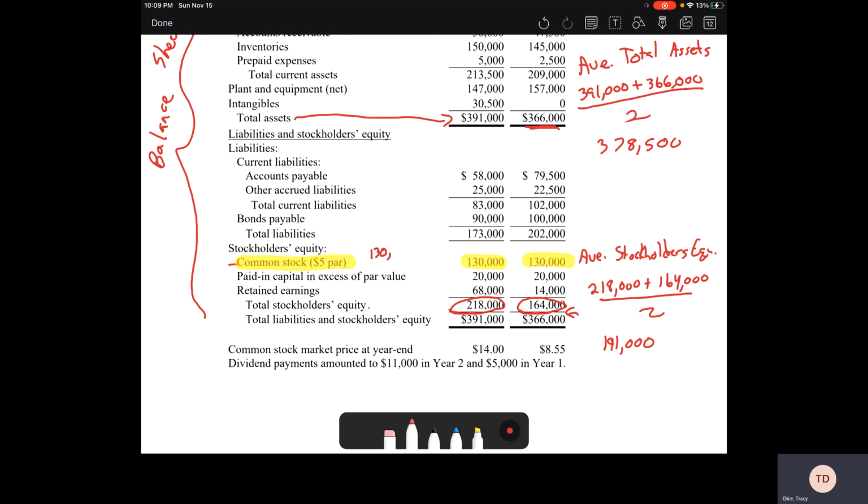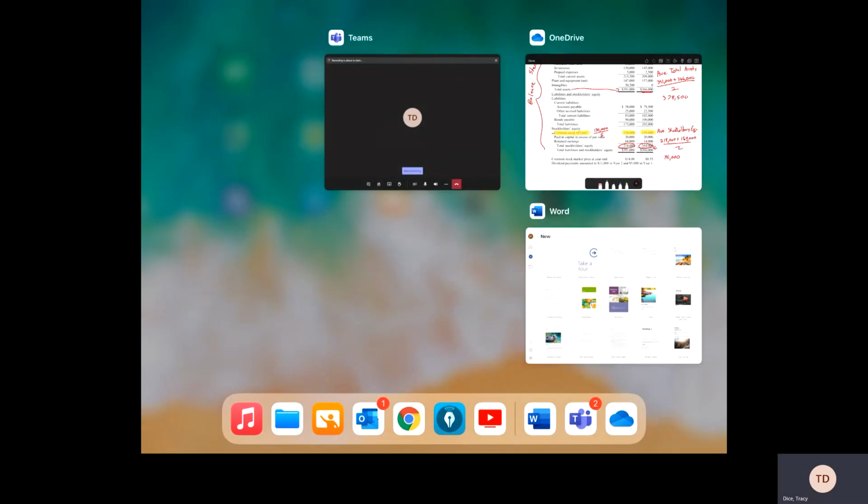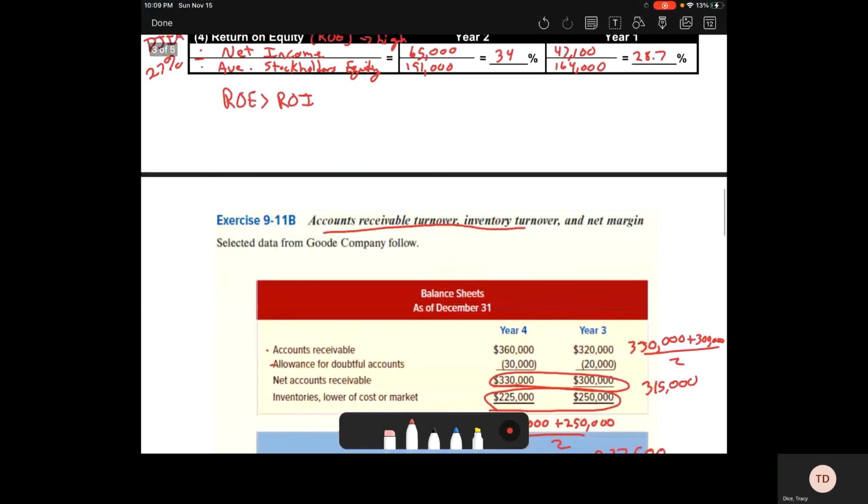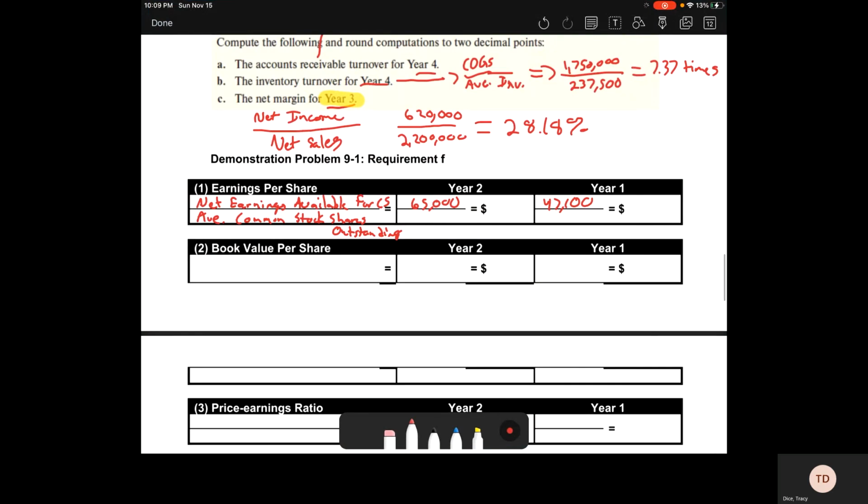So we simply take that 130,000 and divide it by 5. Whoops. Hit the wrong button, sorry. So 130 divided by 5. And when we do that, we find that we have 26,000 shares outstanding. And that didn't change between the years.